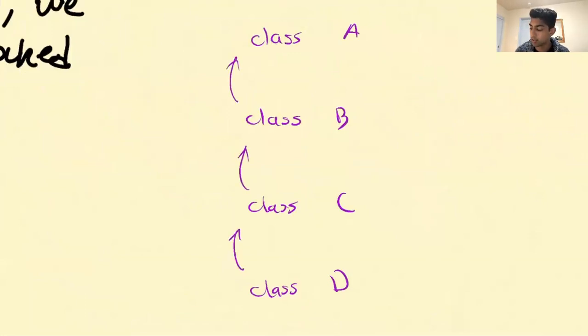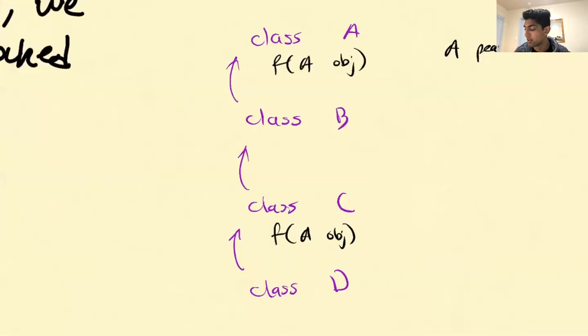Now let's go back to the original function call, where f takes an object of static type A, and let's say that we also have it in class C. Finally, we have some sort of a peach, and let's make peach of dynamic type D.